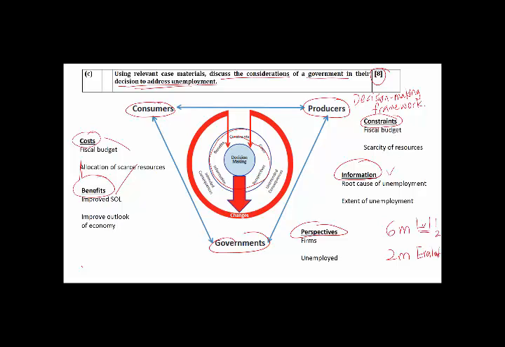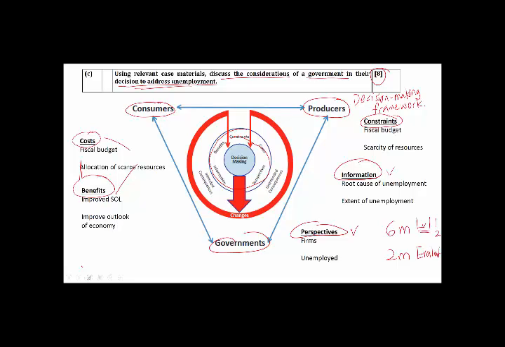Lastly, we also want to look at perspective, because as we undertake certain policies, it could have effects on your consumers as well as your producers. We want to consider how, from the various perspectives, the policies can impact them, and see how we can hopefully mitigate such effects.